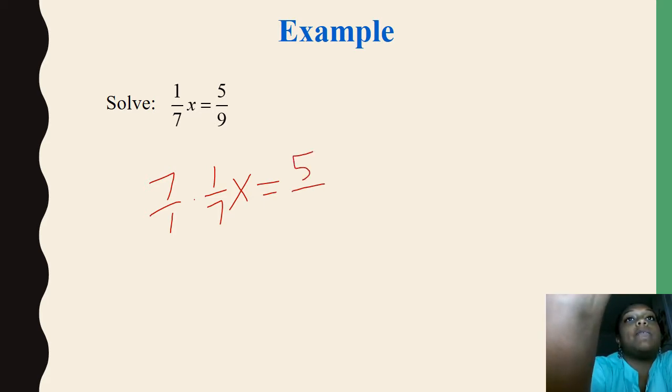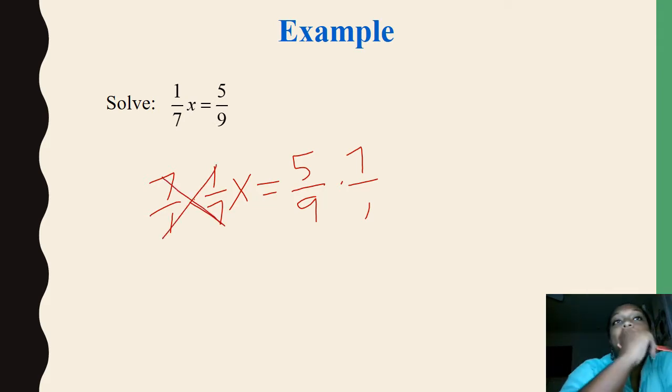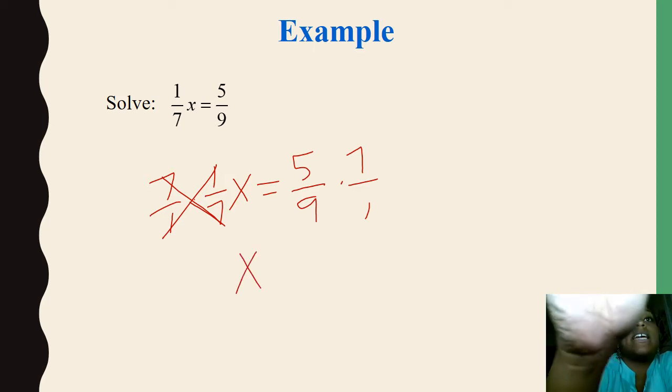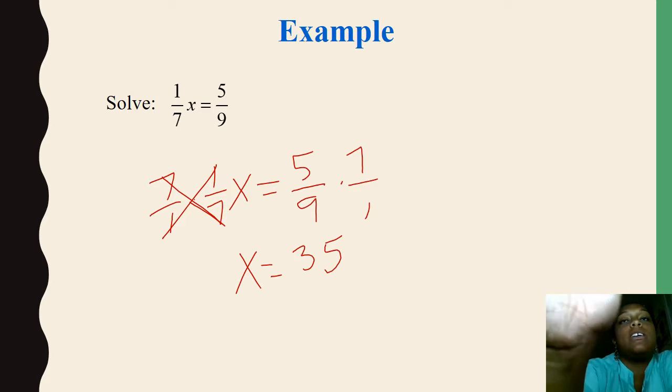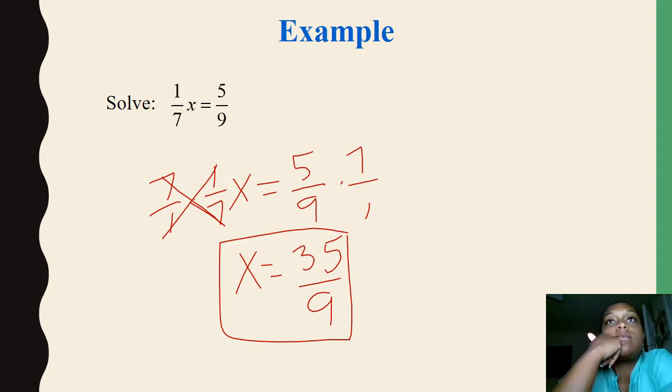So I'm going to have 5 over 9 times 7 over 1. This is going to become invisible. It's going to put on its invisibility cloak. And I get x equals 5 times 7 is 35, 9 times 1 is 9. So my answer is 35/9. Okay?